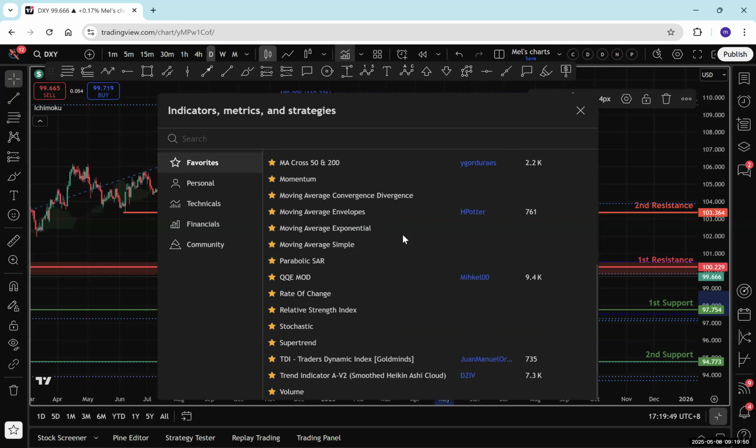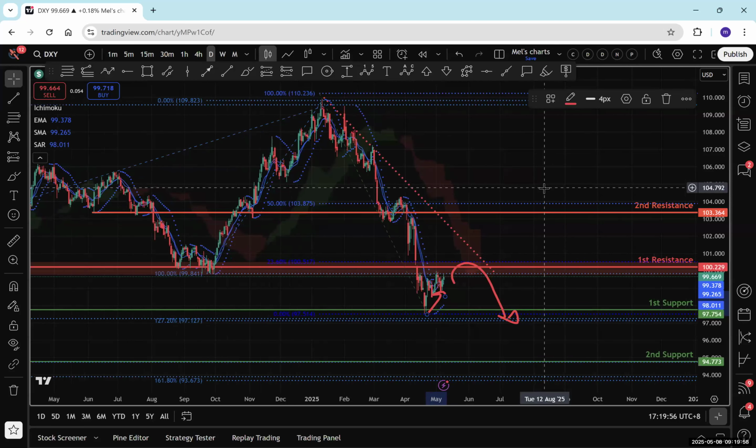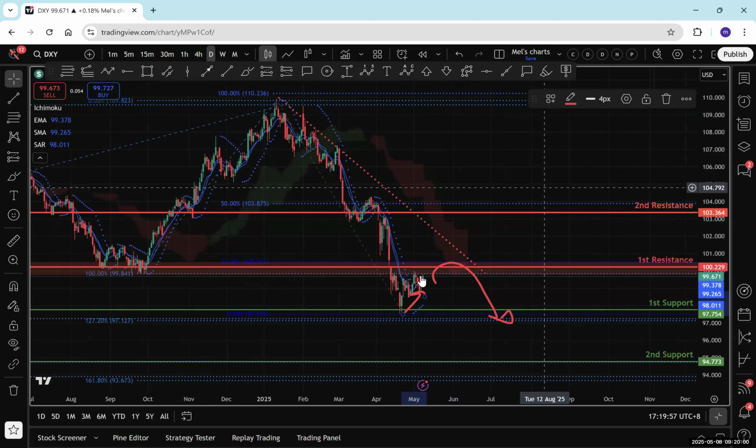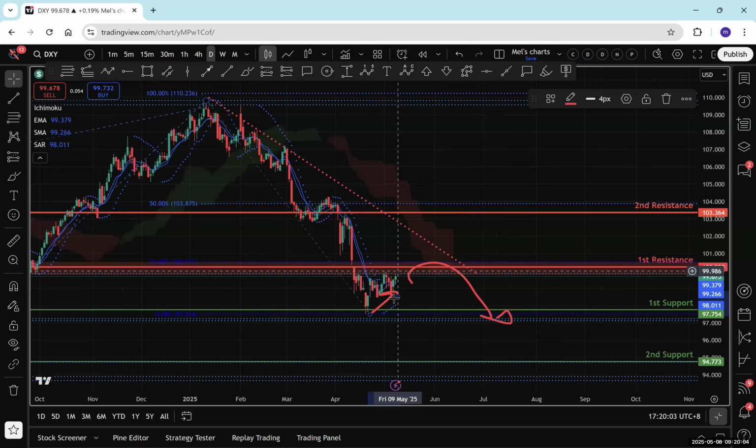Now with our EMA, SMA, and SAR, we can already expect them to be giving us a bullish signal. Reason being, you can see prices, as I mentioned earlier, are moving upwards slightly, which is similar to what we discussed earlier, where we're expecting prices to continue towards the first resistance and then react off it.